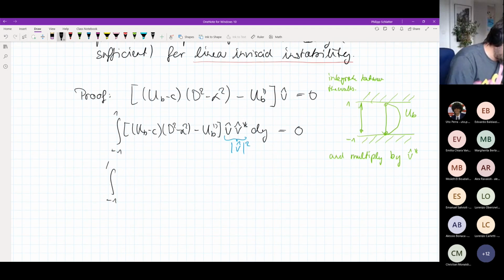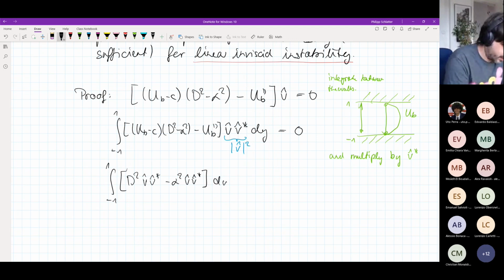So we have this integral from -1 to 1. If I divide everything by UB minus C, which I can do except in the critical layer, but in all other points I can do that, and I work a little bit with these derivatives, I will see that the first term just becomes the integral of d squared V hat star minus alpha squared V hat star dy, minus the integral from -1 to 1 of UB double prime divided by UB minus C times V hat star dy.